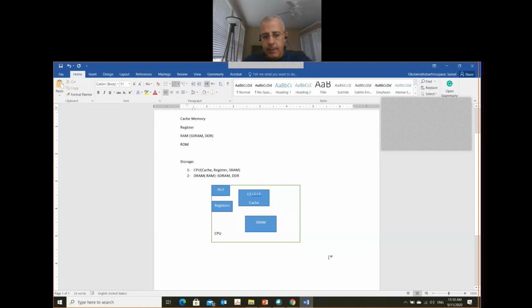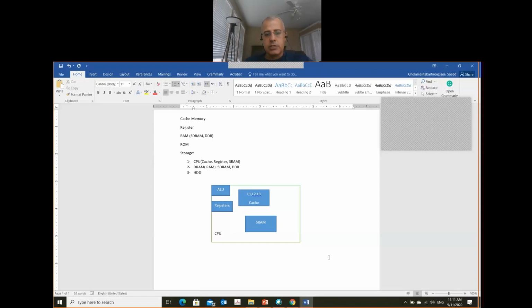Generally, all the storages or RAM or memory, whether it is register, cache, or SRAM, are much faster than the storages outside the CPU. So we have DRAM, which is divided into two categories, SDRAM and DDR-RAM, and we have another type of storage inside a PC called hard disk drive.